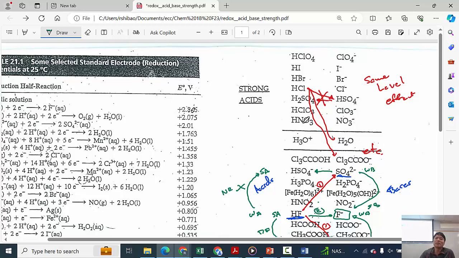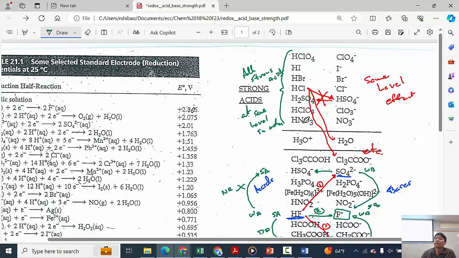In other words, all these acids are at the same level in water. Therefore, it's not going downhill, it's just going sideways, and we need downhill for driving force. Does that make sense?